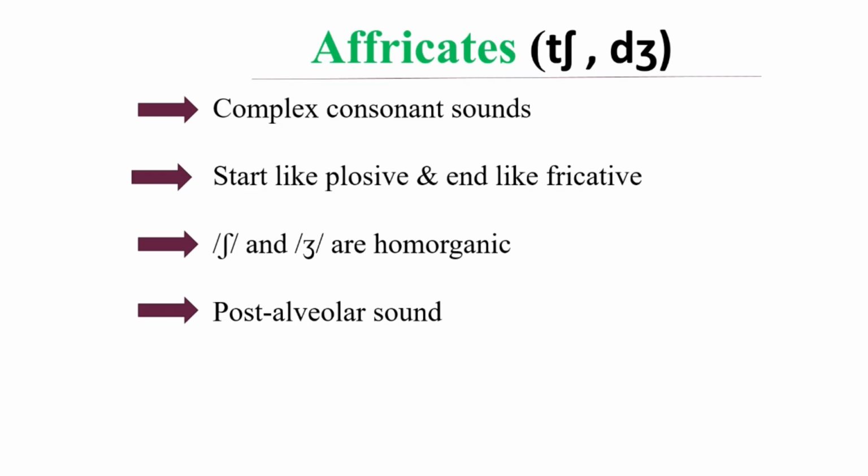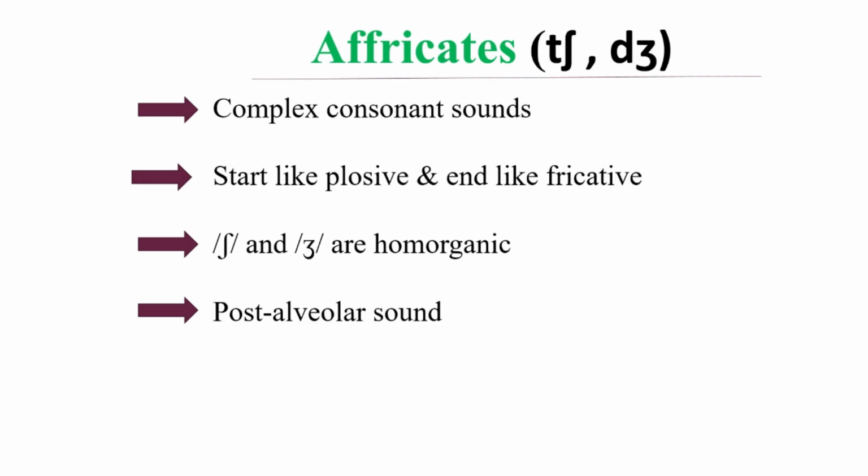The ta sound is plosive and sha sound is fricative. In the same way, da is plosive and zha is fricative. These two sounds, cha and ja, are homorganic because of their place of articulation. Their place of articulation is the same, that is post-alveolar.